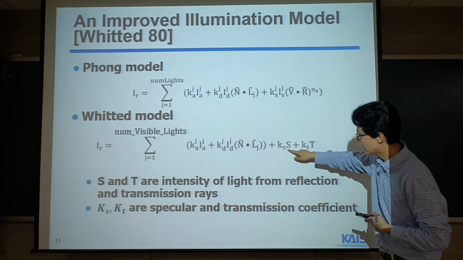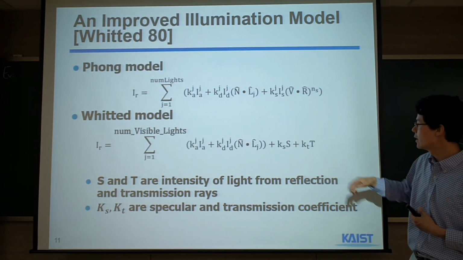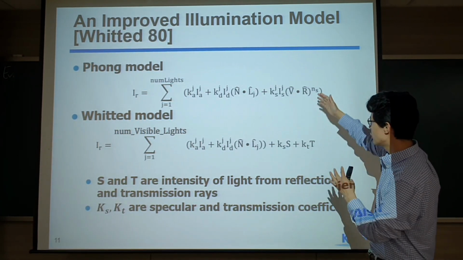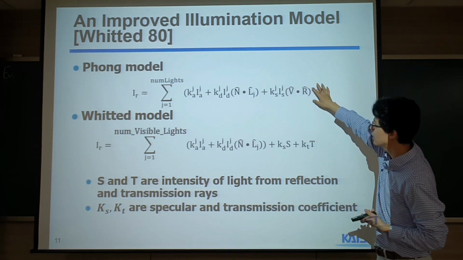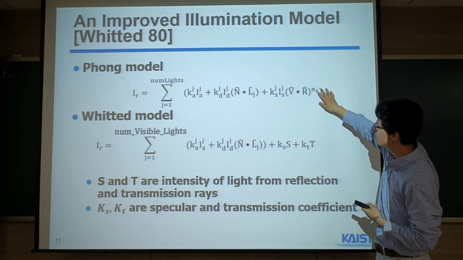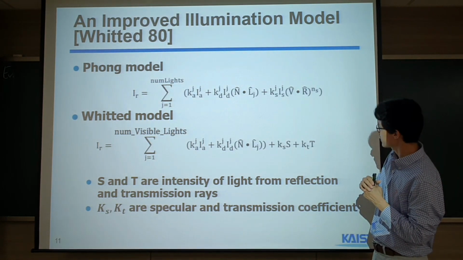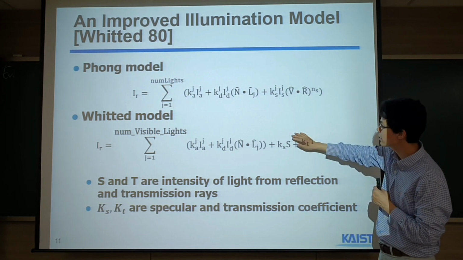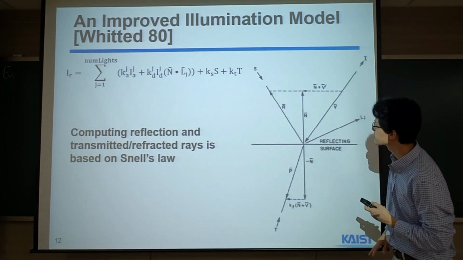Here, KS is the specular coefficient depending on the material type, and the same thing, KT, for the transparent object. So again, we generate the ray. For the specular term, we apply the Phong illumination model so that we can somehow support non-ideal specular appearance. But here, we generate an additional ray for supporting mirror-like objects and also transparent objects.